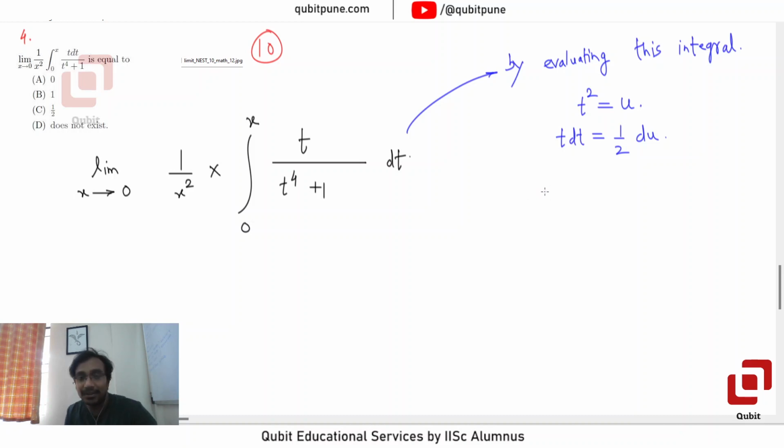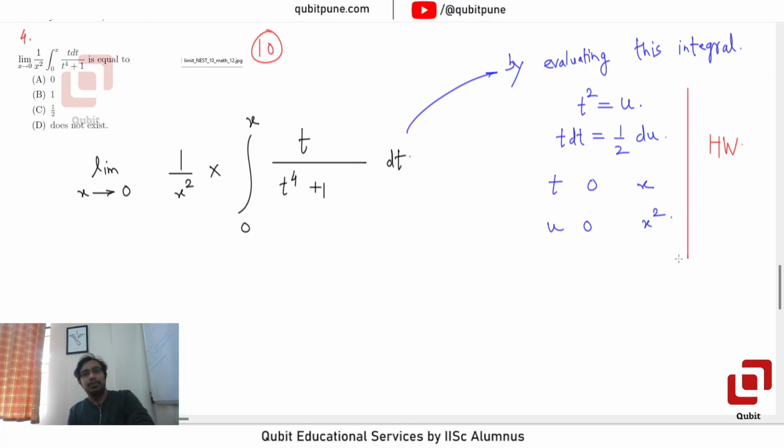Okay, sorry, not x, t and u. t is 0, u is 0, and if t is x, what would be the limit on u? It would be x squared. Okay, and then I think its integral will be something like tan inverse. So you can go for it. I'll leave this part to you.